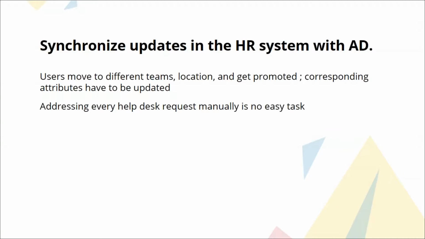So all of these determine an employee's access to relevant resources, and these have to be addressed right away, right? Or there could be n number of help desk requests that just seem to be increasing and never seem to go down, because these kinds of changes happen within an organization quite often, right? So you would be addressing these tickets one after the other.